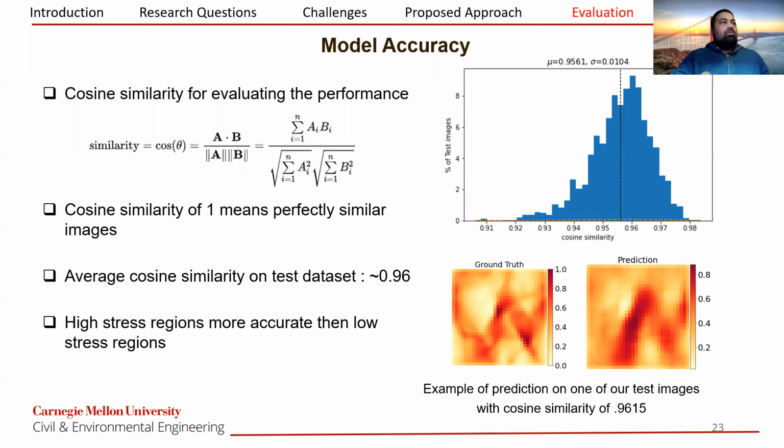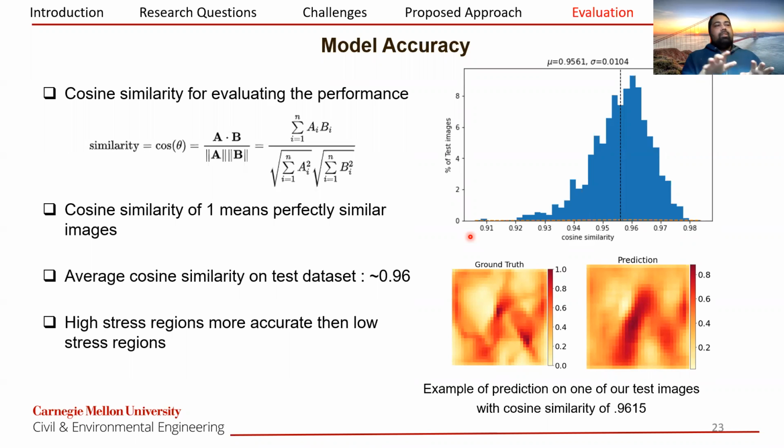What we see from this histogram plot is that we tested our cosine similarity on these 2000 test sets, and the range is from 0.9 to 0.98, very close to 1.